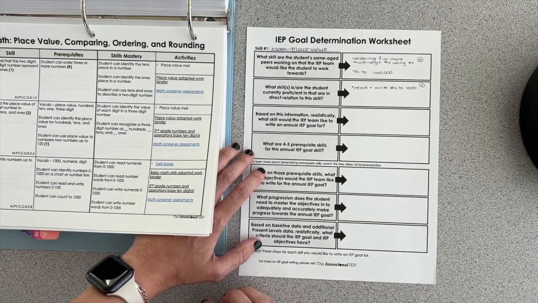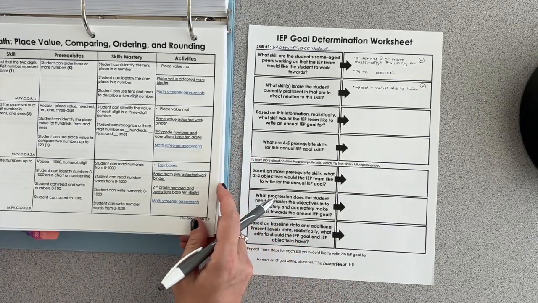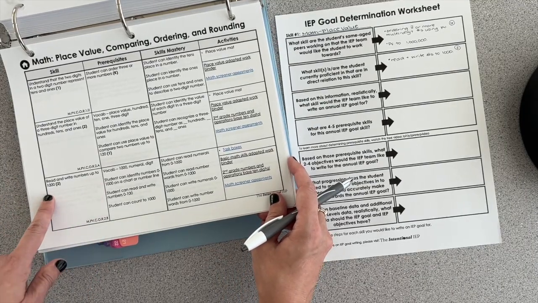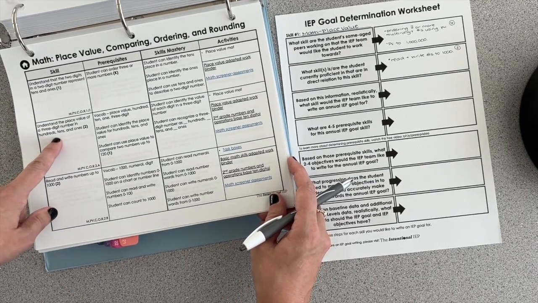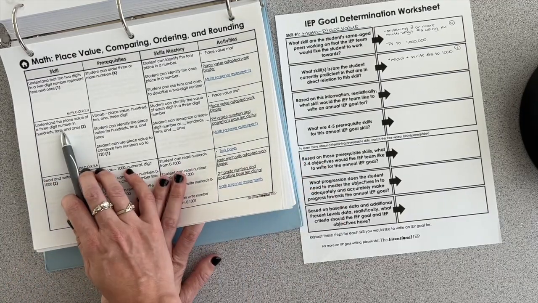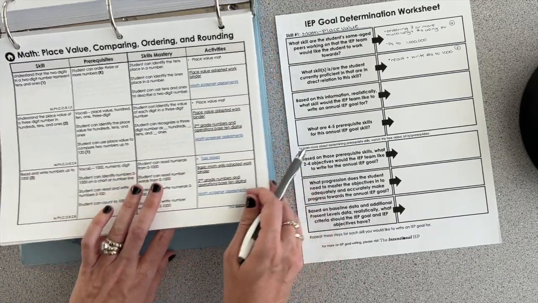I'm also going to put in here, because to be able to know this skill, read and write numbers to 1,000, she also has to know how to do this 2nd grade skill. So I'm going to put that here too, because she is proficient in understanding place value of a 3-digit number.